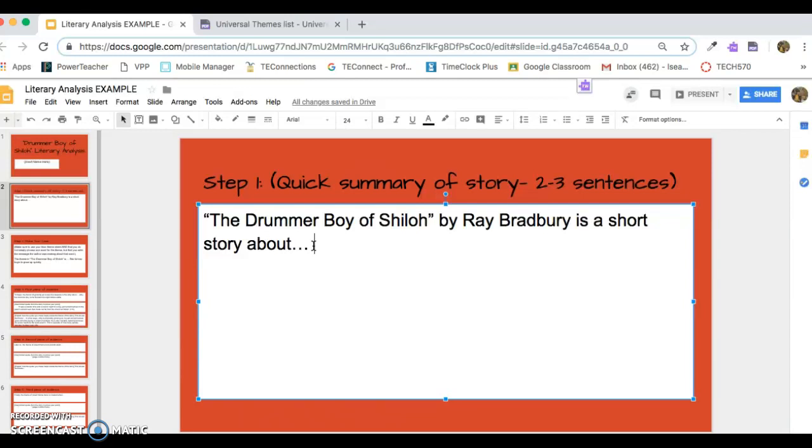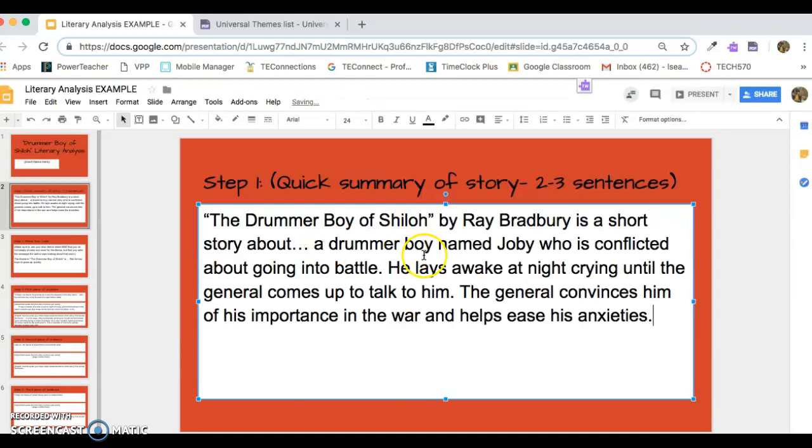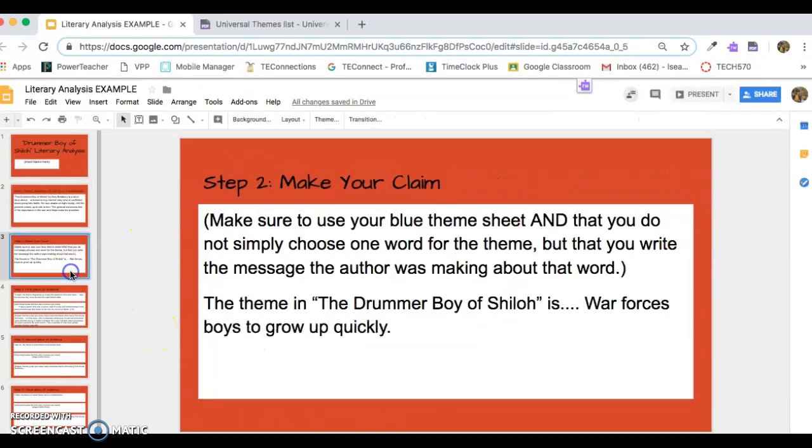So I said The Drummer Boy of Shiloh by Ray Bradbury, notice I included the title and the author, is a short story about a drummer boy named Joby who is conflicted about going into battle. He lays awake at night crying until the general comes up to talk to him. The general convinces him of his importance in the war and helps ease his anxieties. So that really is a quick summary of what the Drummer Boy of Shiloh is about. So in this box you'll be summarizing what Priscilla and the Wimps is about.